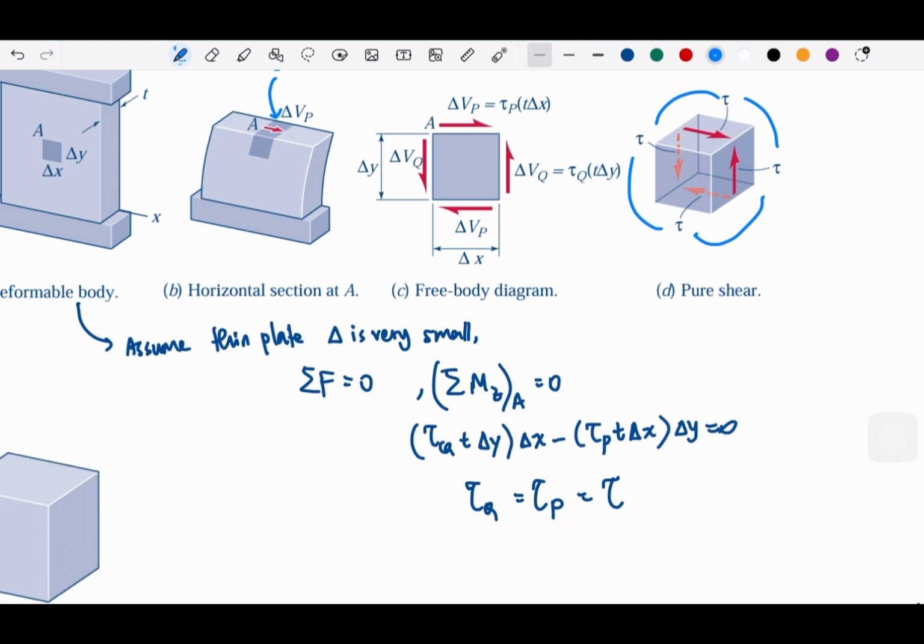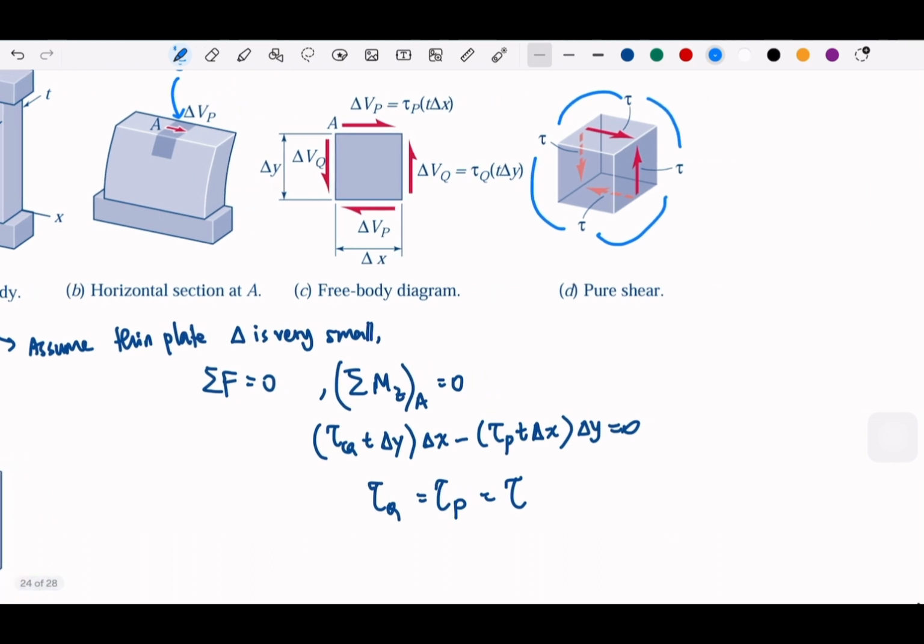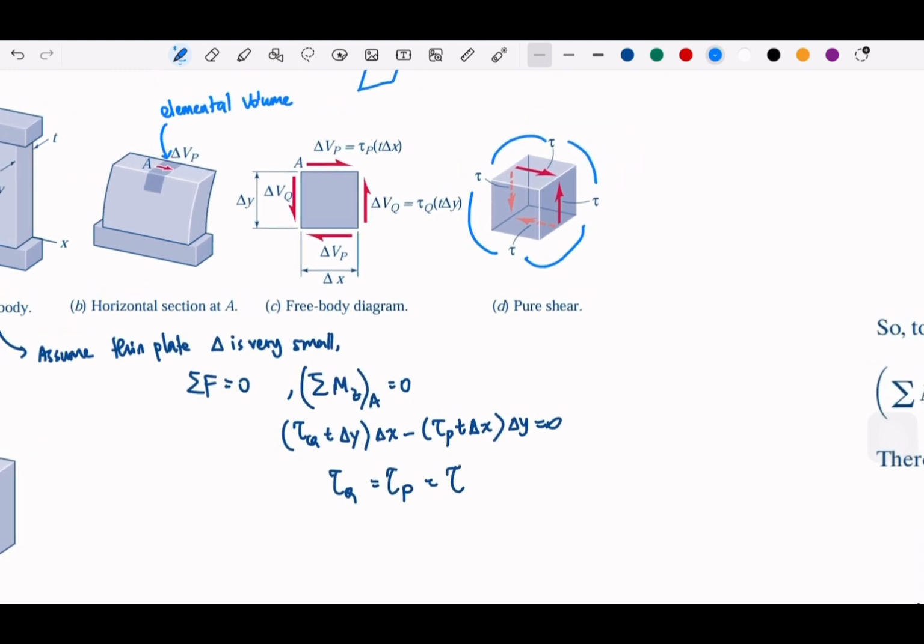So what are the important conclusions? All the shear stresses will point towards some intersection, which we define like this. They are going to point into this intersection.